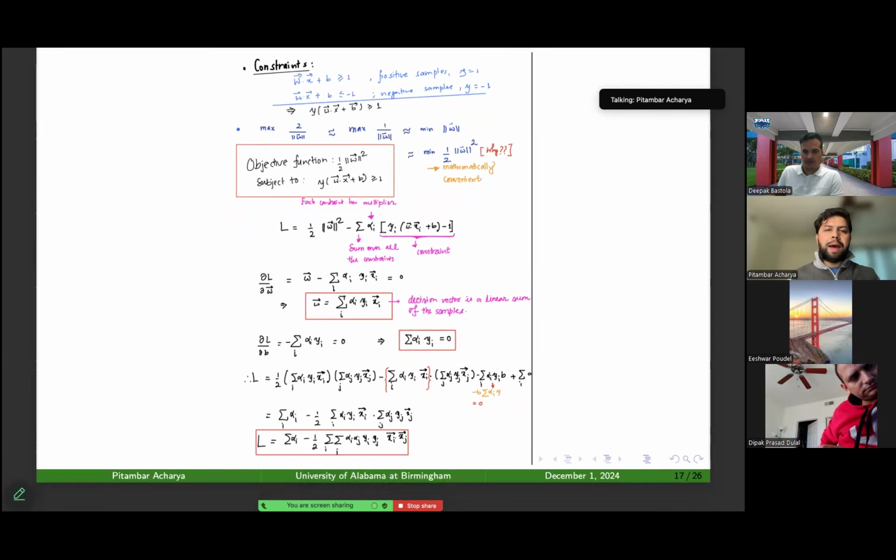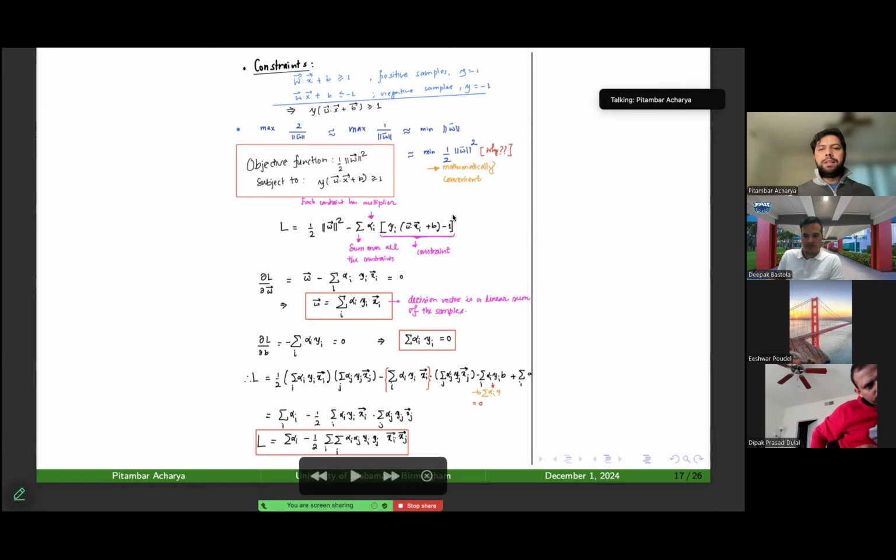If I use the Lagrange multiplier and construct a Lagrangian function, it is half of the magnitude of w squared minus the sum of alpha i times this particular quantity that is taken from the constraint. Here alpha i represents the constraint multiplier, and I'm taking the sum over all the constraints.